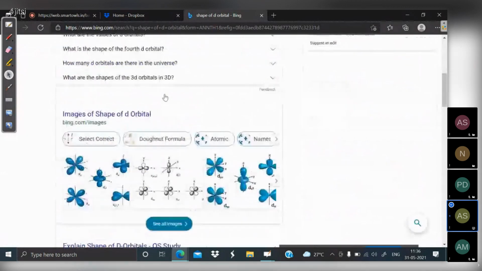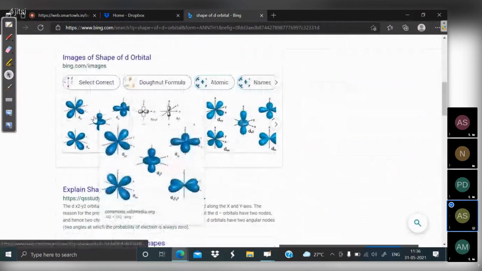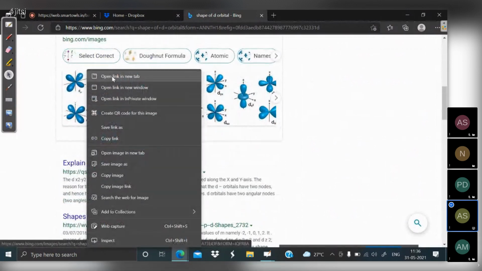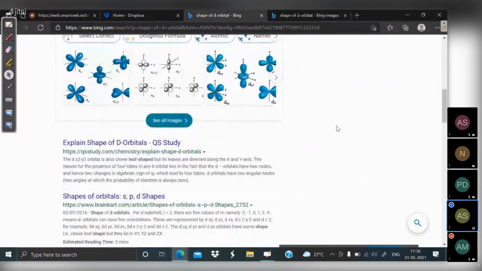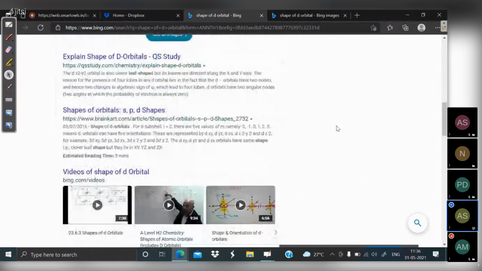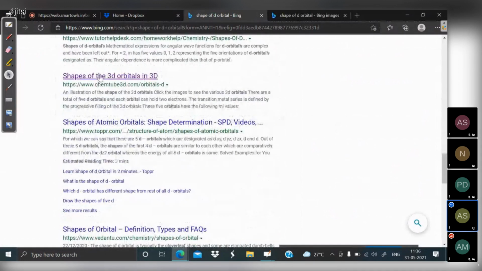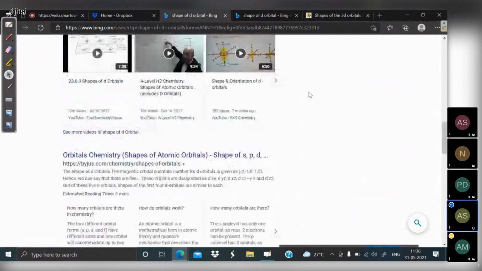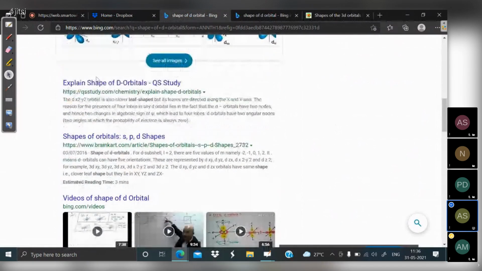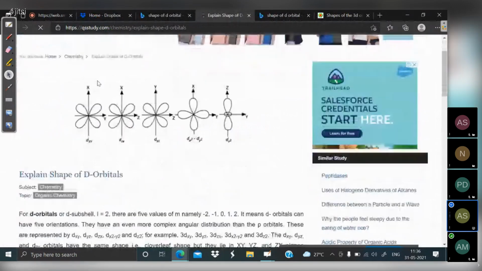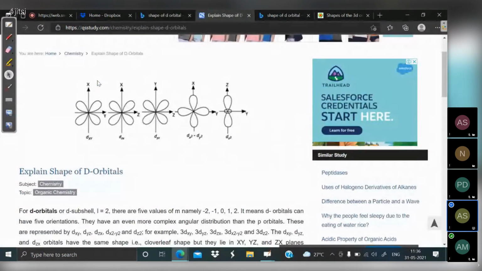There are many websites. You can also see wherever you are studying. Let us see this diagram also. First, let me open it in a new tab. Now it is difficult to understand the shape by looking at this.